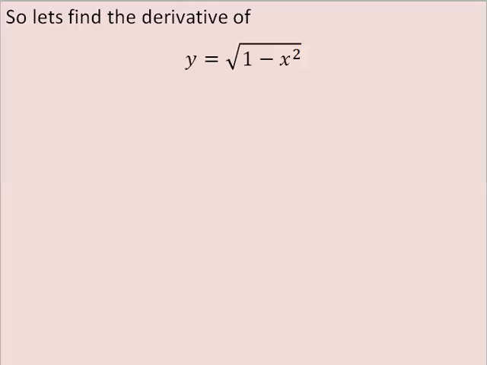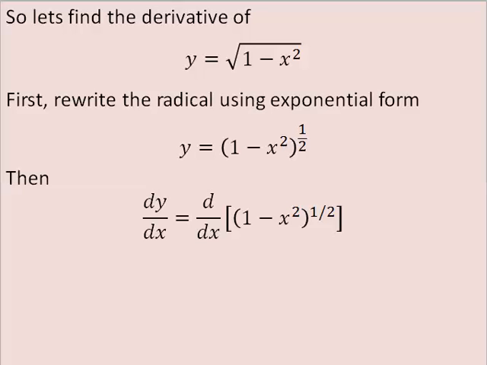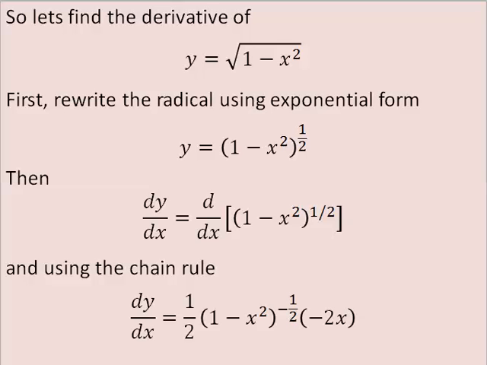Just to go through that very quickly, we would first rewrite the function, and then taking the derivative, we would have to remember the chain rule, bring down the 1/2, and then I'd have 1 minus x squared to the negative 1/2 times the derivative of what's inside.